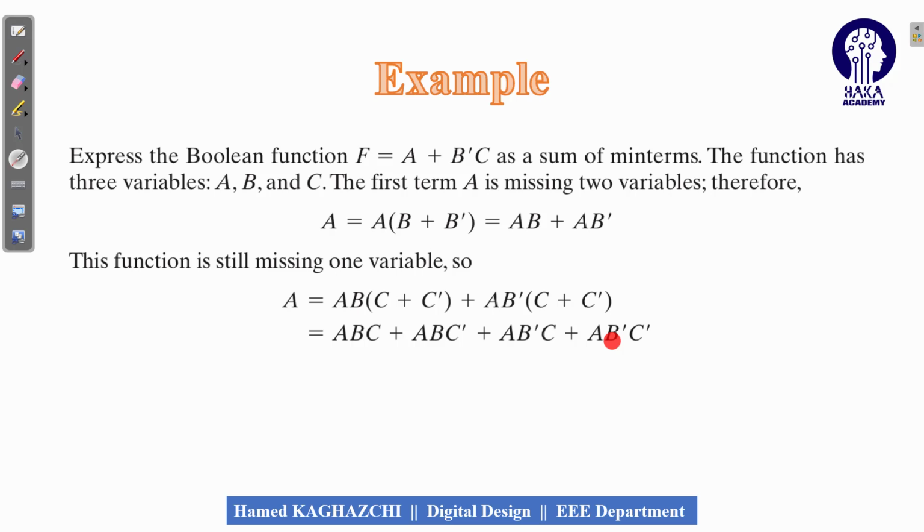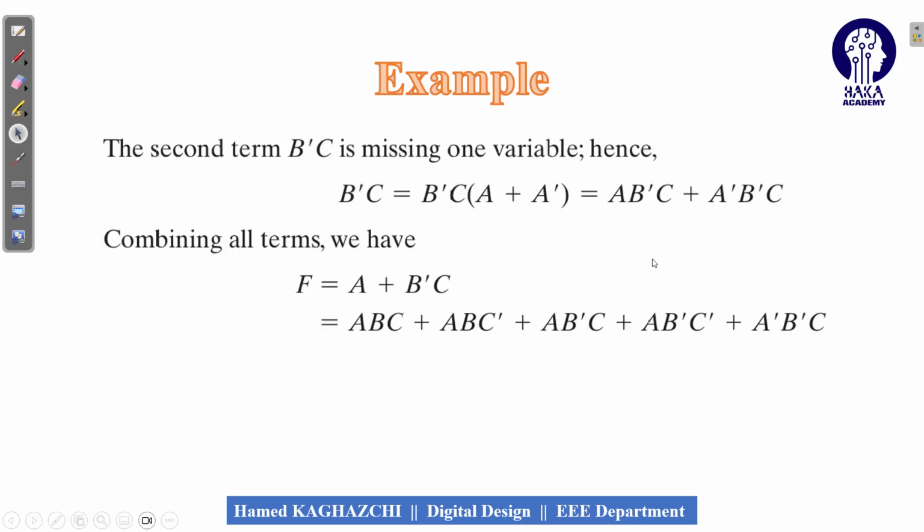What about the B prime C? In the case of the B prime, I can do the same thing. I say that for the B prime C, I add A or A prime. A or A prime gives AB prime C or A prime B prime C. Now I write all of these minterms, but I have to write each of them just one time.